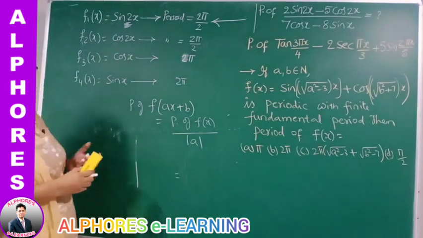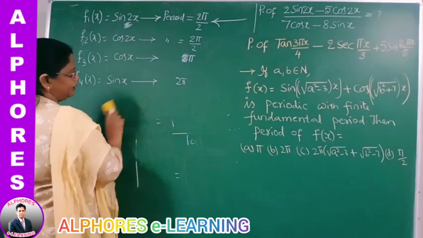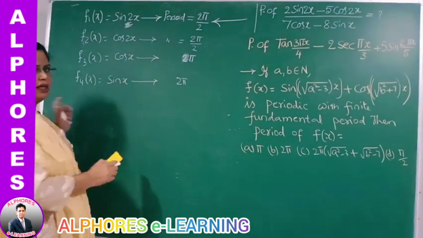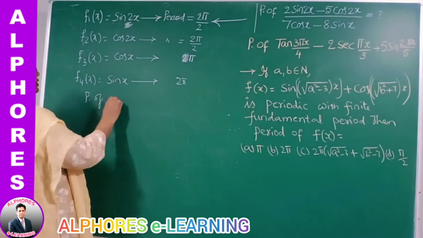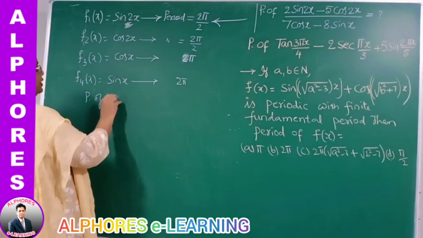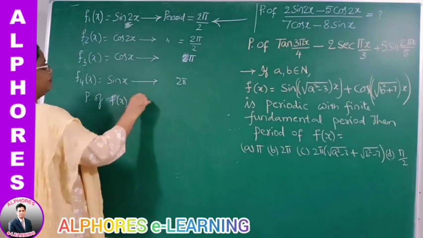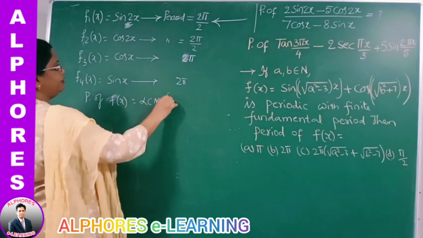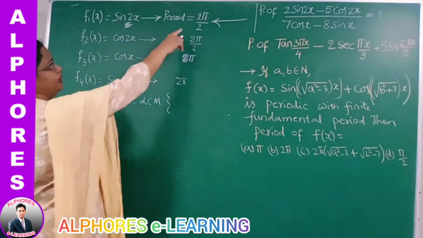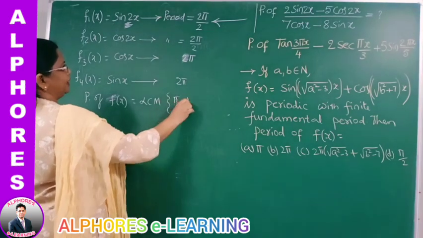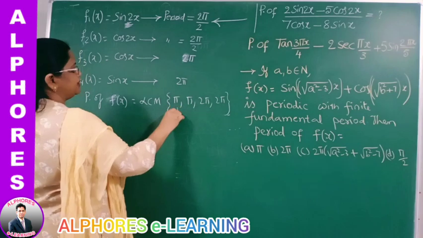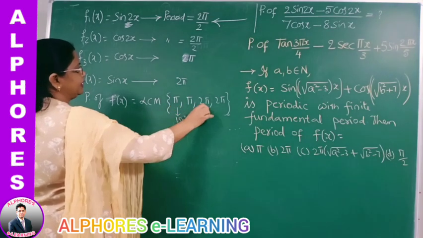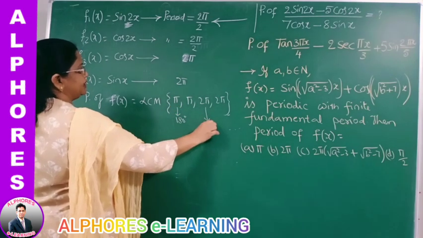So we got all individual periods, and to that now you have to find the LCM. Okay, so the period of the entire problem, suppose you take it as f of x, is equal to the LCM of all individual periods. What are they here? Pi, again pi, 2 pi, 2 pi. Okay, so this is just our 180 degrees and this is our 360 degrees.